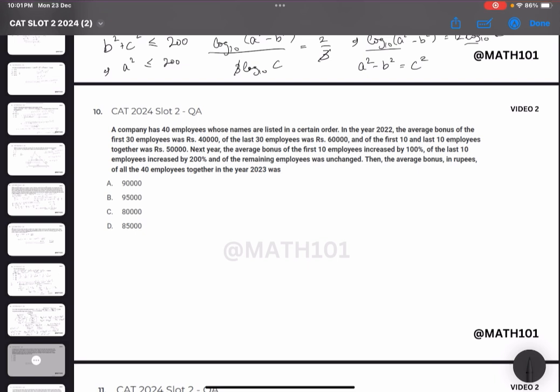A company has 40 employees. In the year 2022, the average bonus of first 30 employees was 40,000. First 30 employees had an average bonus of 40,000, and the last 30 employees had an average bonus of 60,000. And the average bonus of first 10 and last 10 together was 50,000.